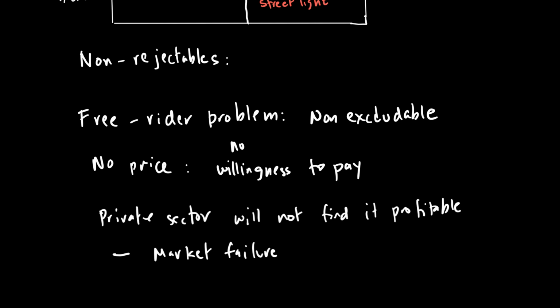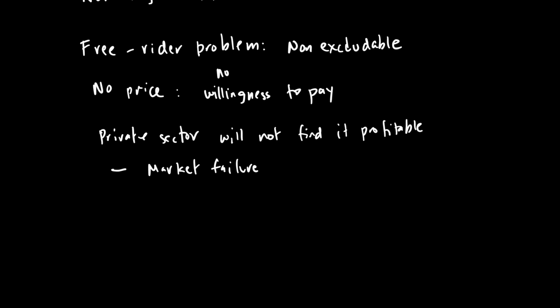Because they're non-rival and non-excludable, it makes it impossible for firms to charge for the good, and therefore there is no market for public goods. So how does government go about solving this problem? Government can undertake provision.